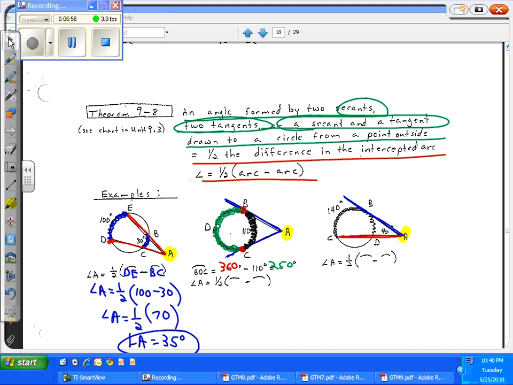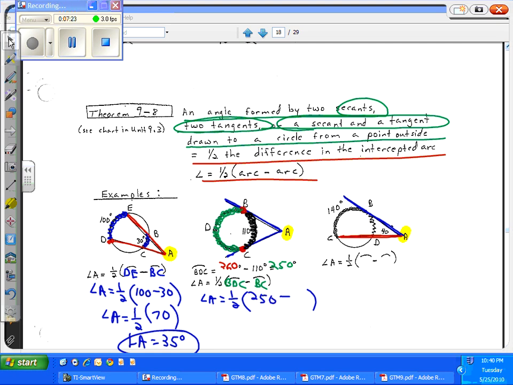Angle A is 1/2 the difference in the intercepted arcs. The intercepted arcs were BDC and BC. So angle A is 1/2 their difference.